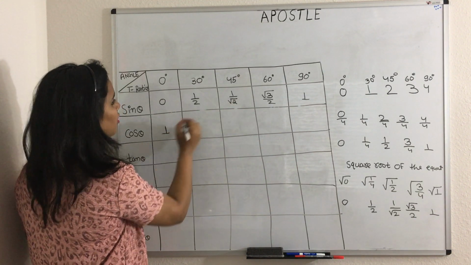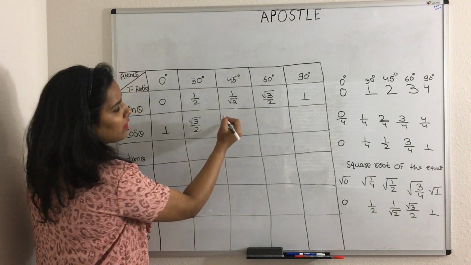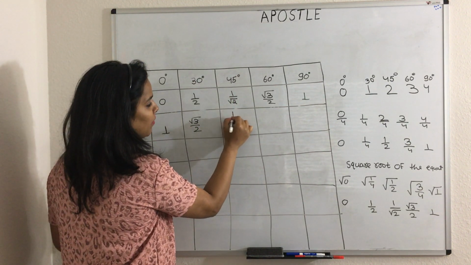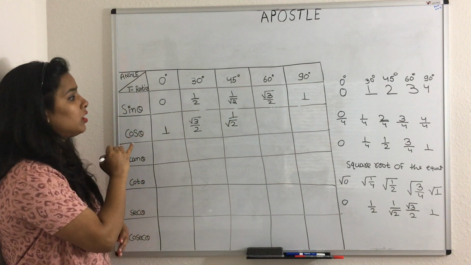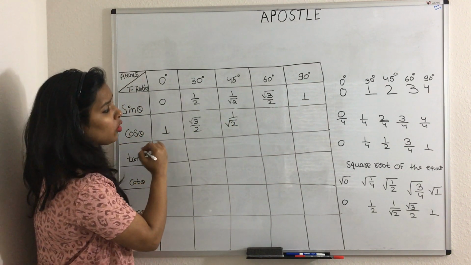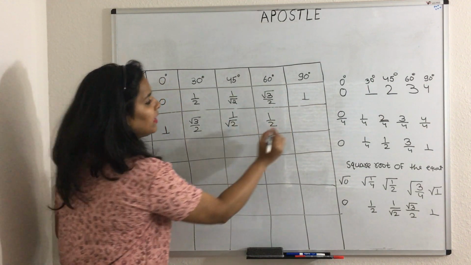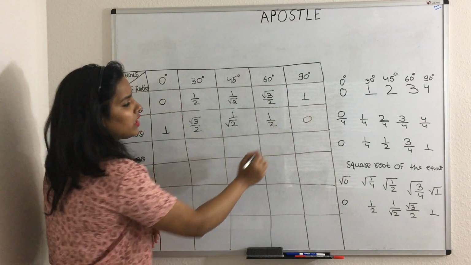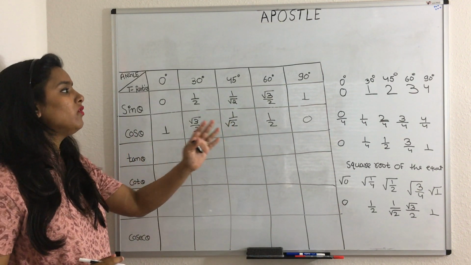What is the value of cos 30 degree? It is root 3 by 2. What is the value of cos 45? It is the same, because we have to reverse this equation. What is the value of cos 60? It is half. And what is the value of cos 90? It is 0.